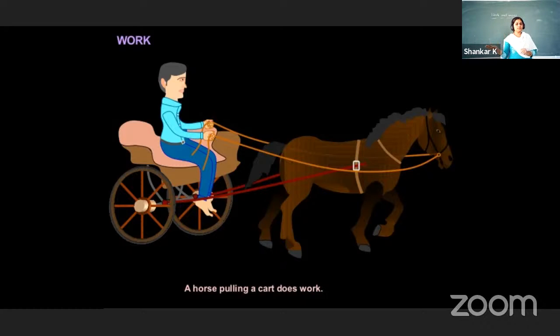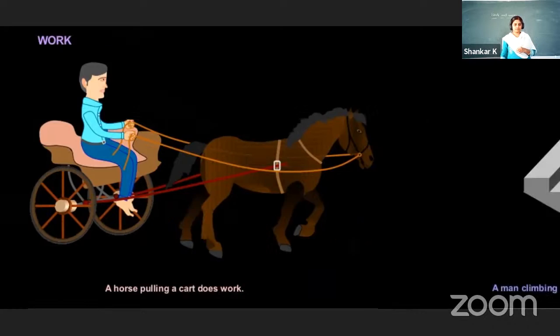If you are standing on the ground floor and you think that I am on the second floor, no work is done there. Scientifically, we say that we have to climb the stairs and reach the second floor. Then only we say that the work is done. Okay. So a horse pulling the cart, we say that it does work.